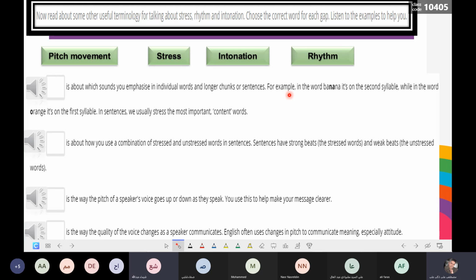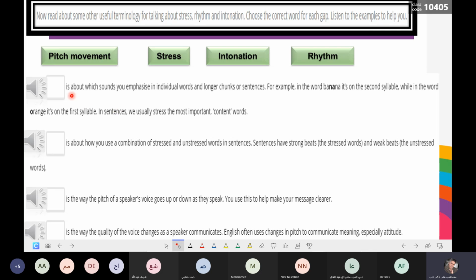For example, in the word banana, it's on the second syllable, while in the word orange, it's on the first syllable. In sentences, we usually stress the most important content words. Okay.